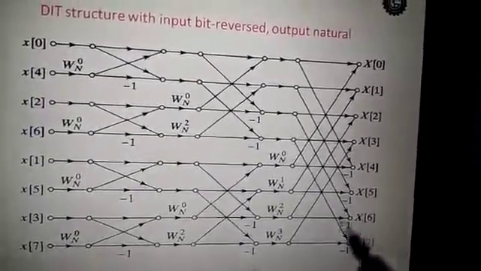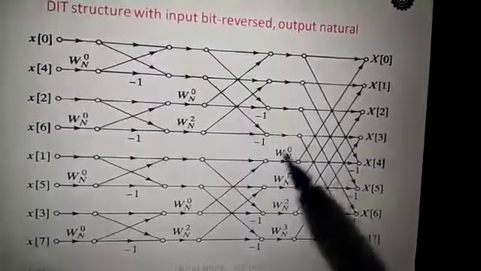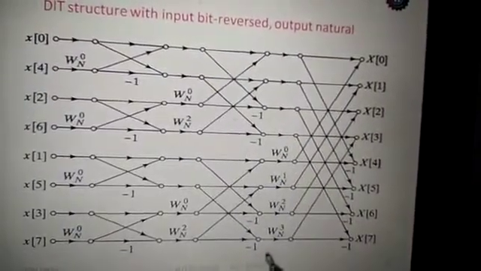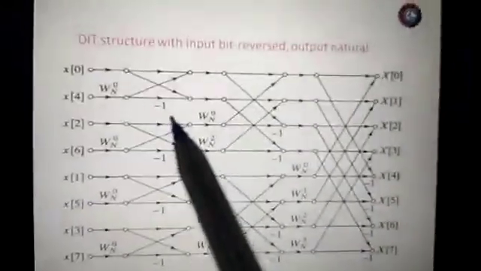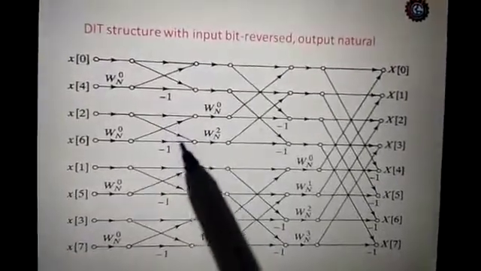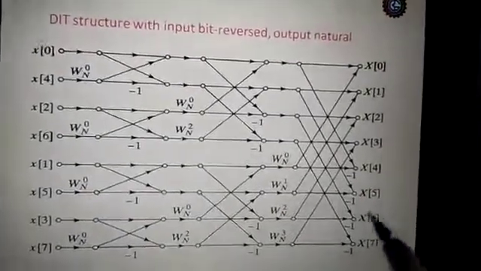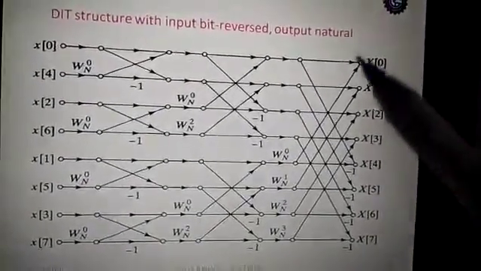So here you have to multiply by -1. And in the second stage, after every 2 samples, you have to multiply by -1. And at the first stage, after every sample, every line, you have to multiply by -1. One line, after one line -1, one line -1, one line -1, like this. Again, you can get the output.